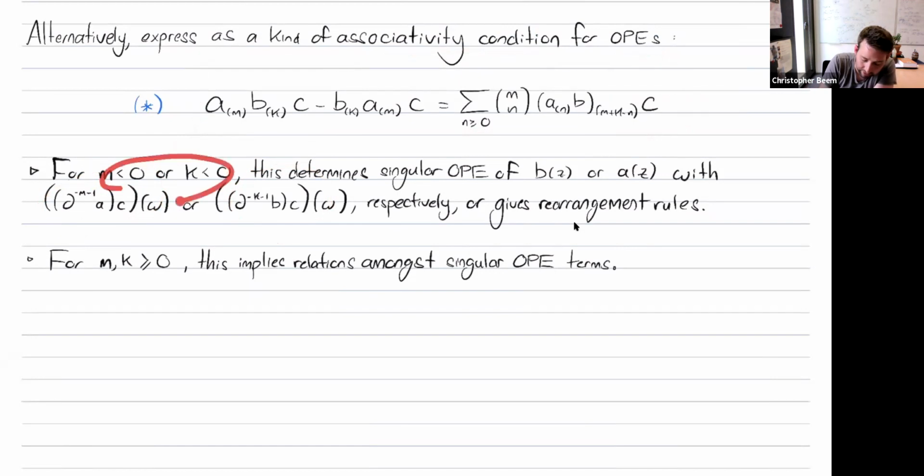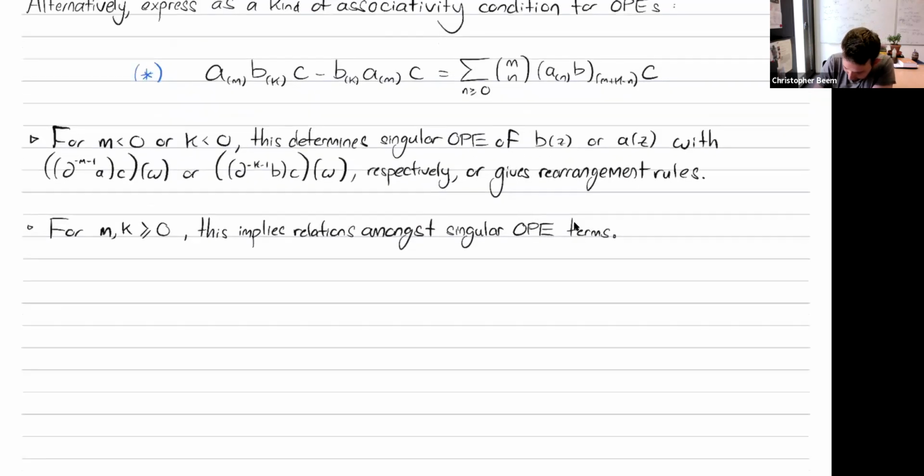Or in the case where they're both negative, it gives you a rearrangement rule. So it tells you how to relate A, B, C with B, A, C, maybe with some derivatives sprinkled in again.